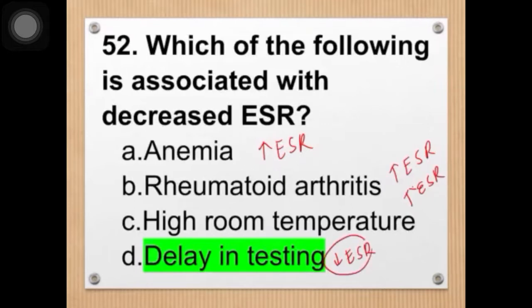Yung mga red cell, nagiging spherocytic. Remember, what is the first stage of ESR? Rouleau formation. For rouleau formation to occur, dapat normal ang shape ng red cell. Yung mga spherocyte, hindi magpo-form ng rouleau. Kaya walang packing, walang sedimentation. So, correct answer number 52, letter D.